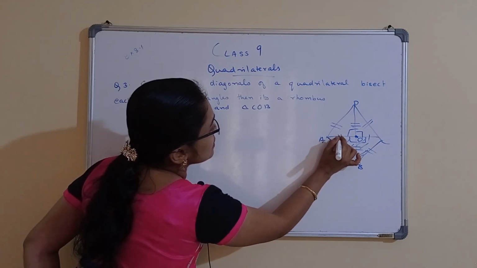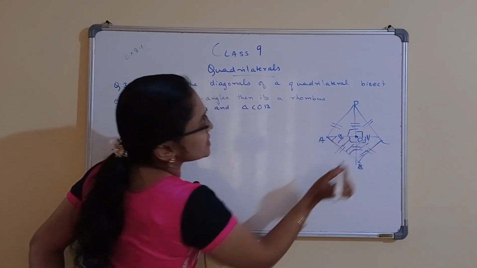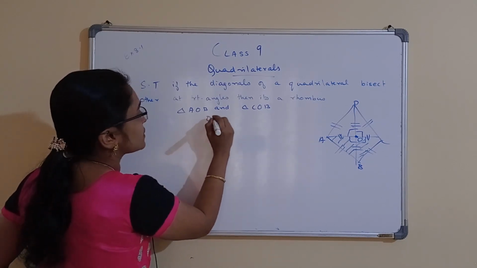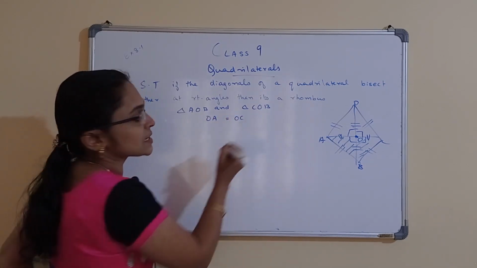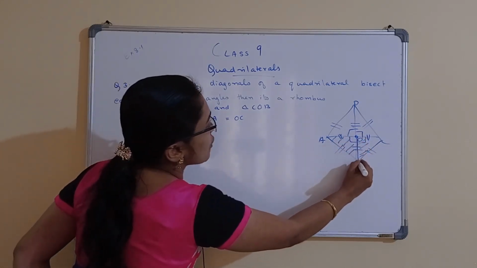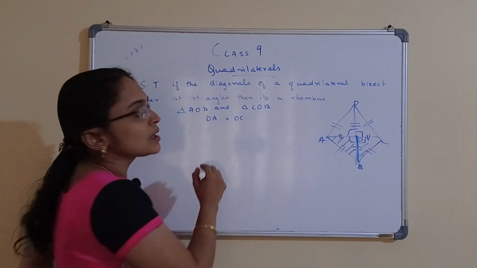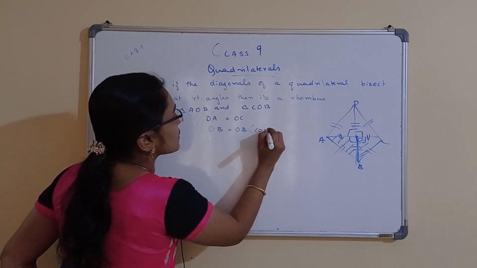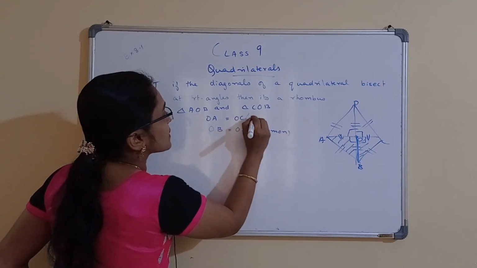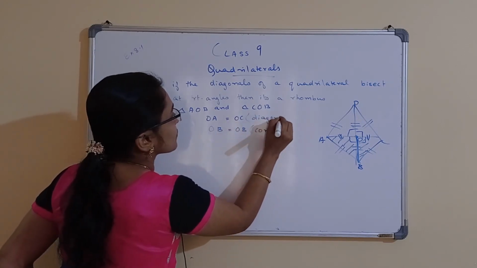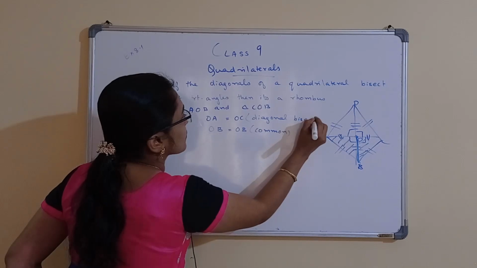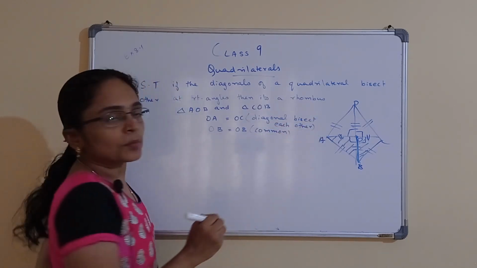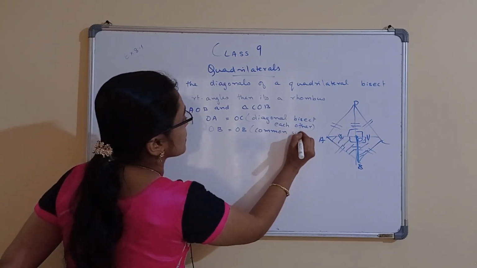We know that OA is equal to OC because it is given that the diagonals bisect each other. So we can write OA is equal to OC. And OB is the common side of these two triangles, so OB is equal to OB, common.